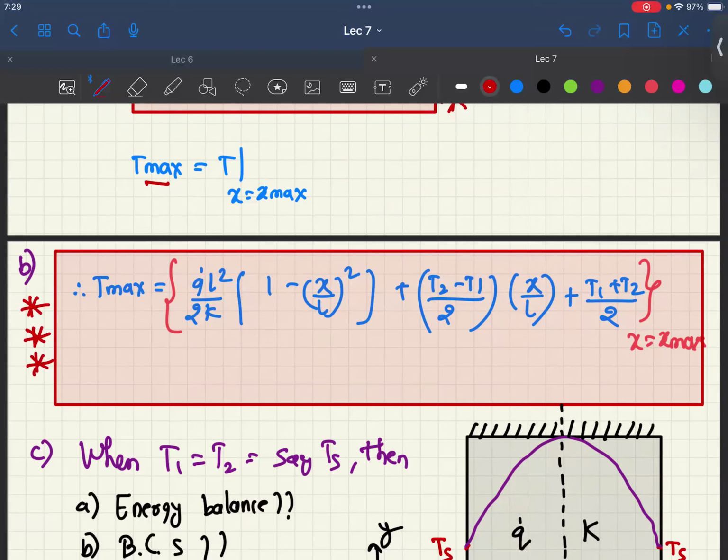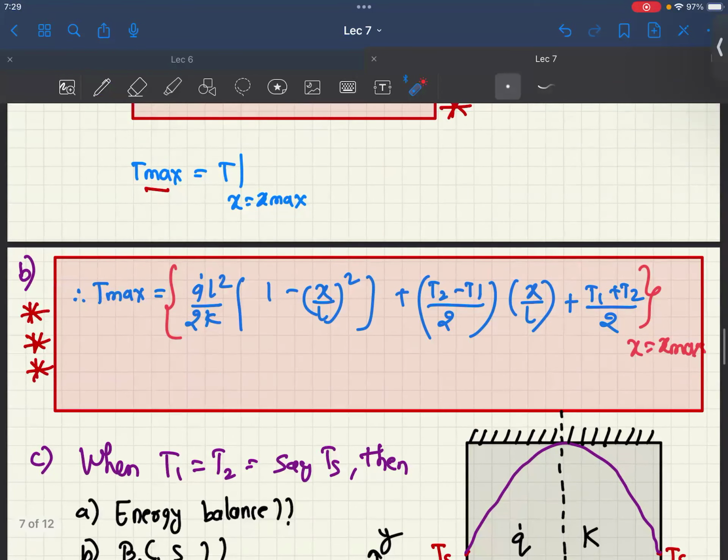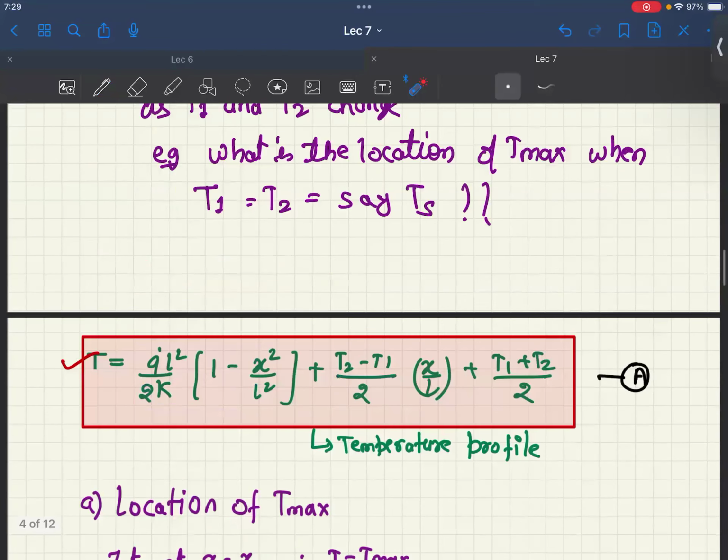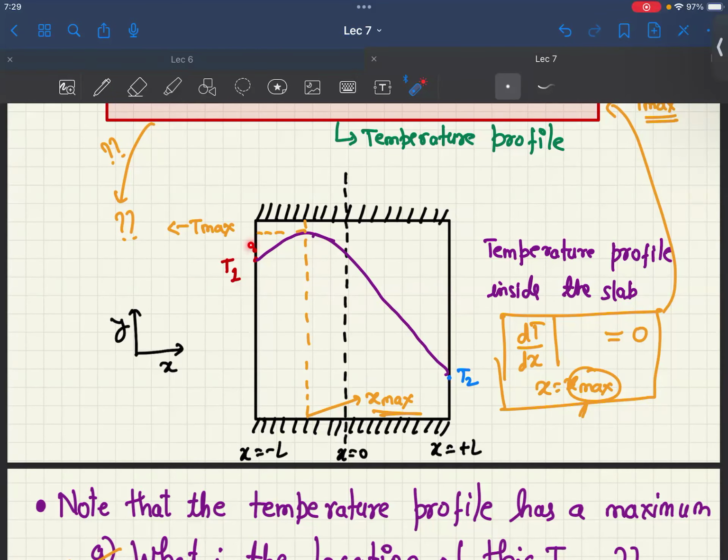Right? So now for a simple case, here you see we have T1 and T2. What happens when the temperatures at both the surfaces are the same, that is T1 is equal to T2?